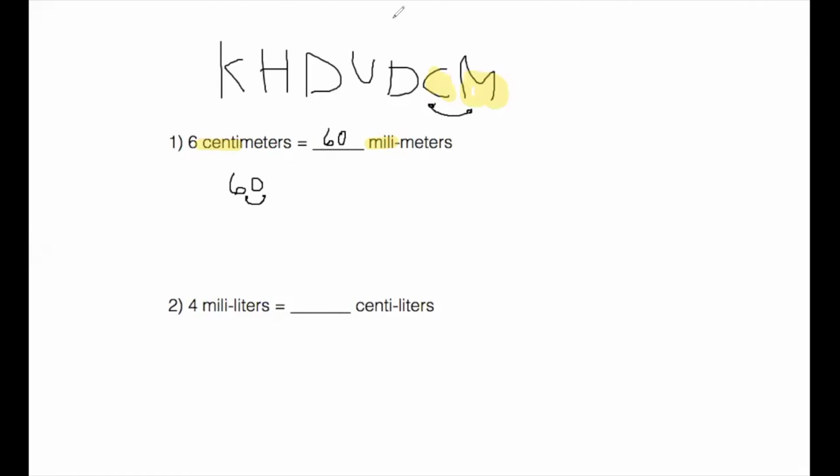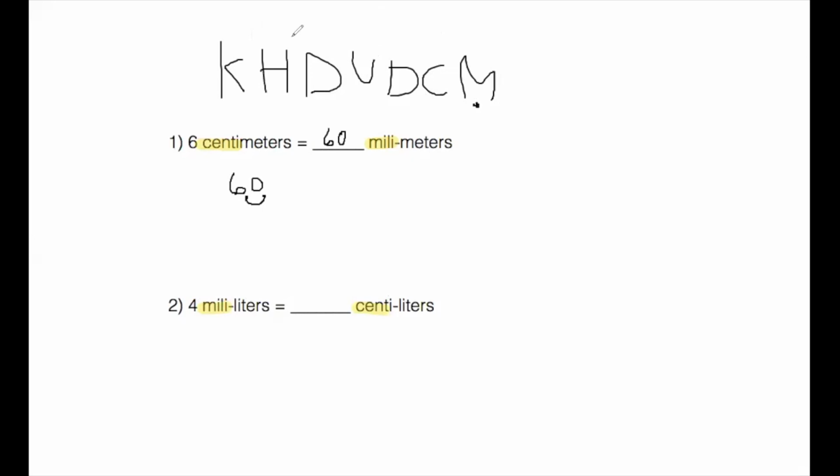Now, let's try the next one. So you have 4 milliliters, and how many centiliters? Well, remember, you don't need this, because the liters is the second half of the word, and you only look at the first half. So this one would be milli, so the milk.